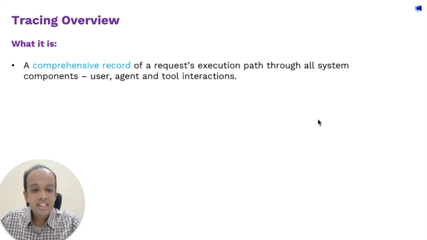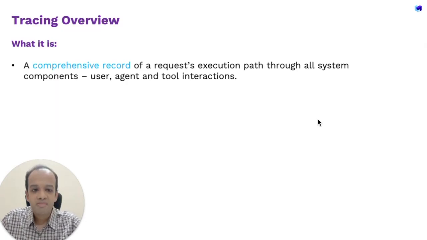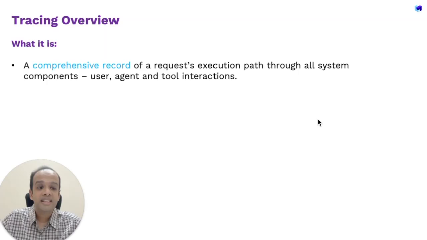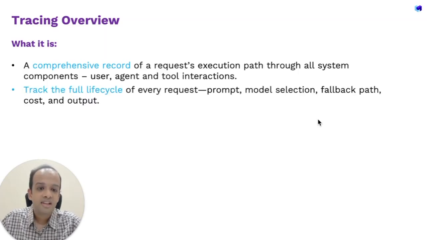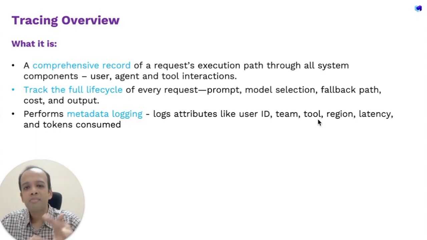So this is especially useful once the agent developer has deployed their agent, because they can trace its execution process to understand and monitor the entire life cycle, from prompt to model selection to the fallback path to cost to output, right? And tracing also performs metadata logging, because it does log attributes like user ID, team, tool, region, the latency, and the tokens consumed. And this metadata is what makes tracing so powerful, right? You can really debug a lot of failure scenarios. And we will look at one shortly.